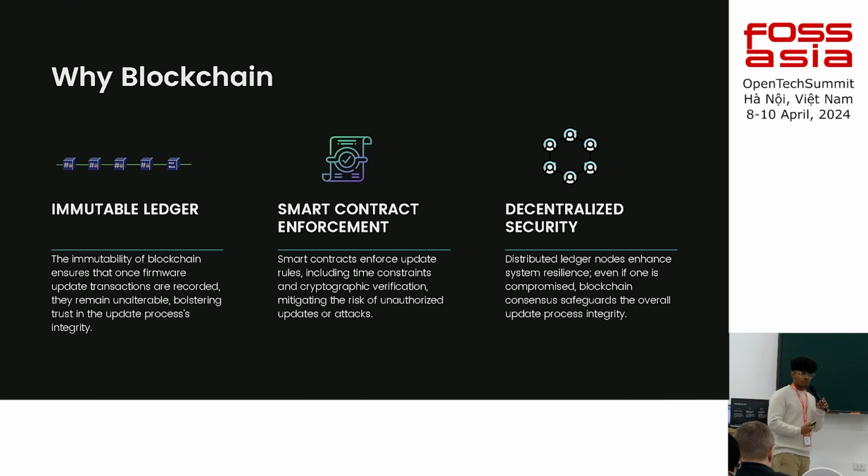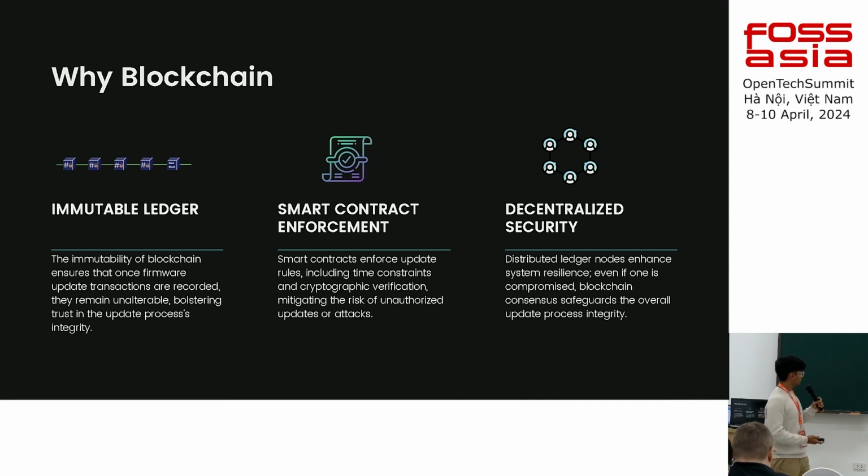So these are the benefits if you use it. First one is an immutable ledger, in which you can store your update or your transaction hash, depending on the blockchain you are using. The second thing is smart contract enforcement. A smart contract is basically a piece of code that is deployed on the blockchain and run on the blockchain only. So no one has the authority to claim that this is my code and only I will run it. If it is on the chain, then the whole network owns it.